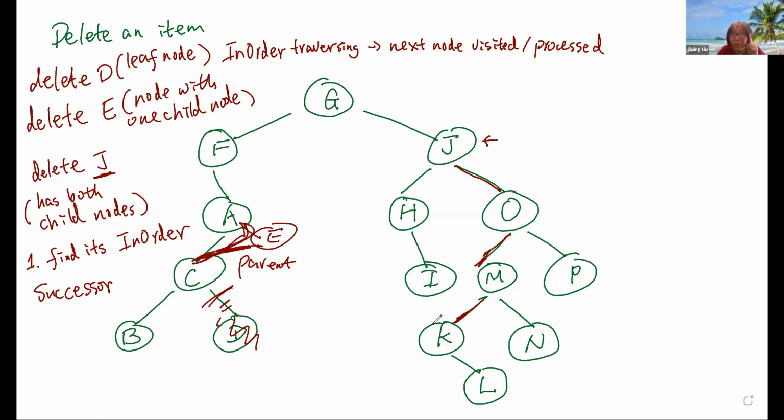So node K, this node, is node J's in-order successor. Okay, this is its in-order successor. So we can write it as in-order successor.